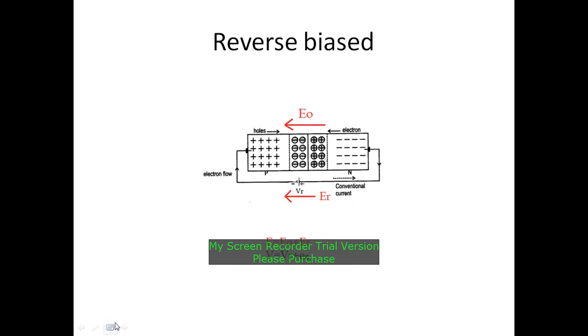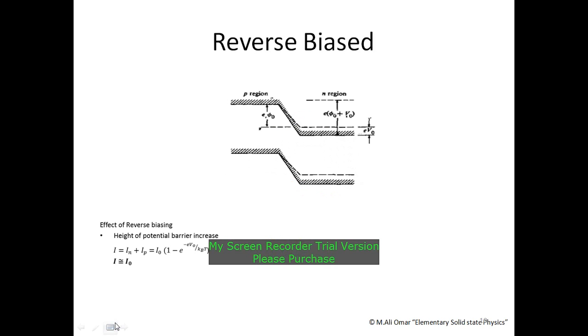Both of them will be added, and the total voltage will be the sum of those two, the contact potential on the depletion region and the applied potential. So when we see this from the band point of view, they will be added. The N region will be dropped. The dotted line is the equilibrium.